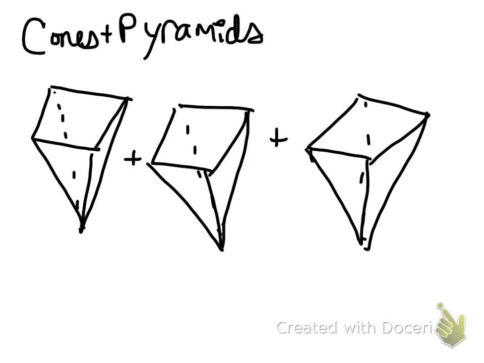These pyramids all have the same length lateral face. I'm just going to put L for slant height. L is standing for the slant height.